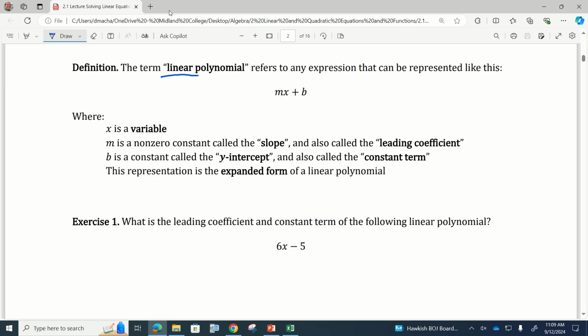Linear polynomial, that word is referring to an expression that can be represented like this.